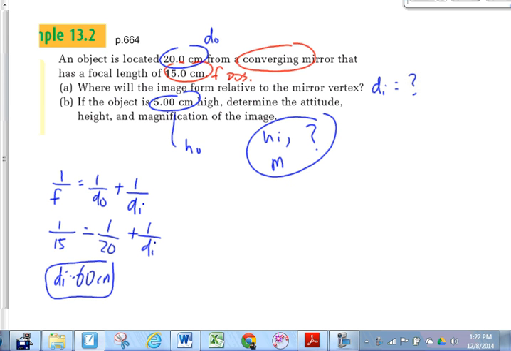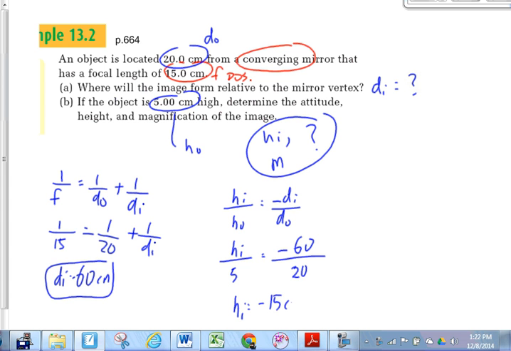Let's say HI over HO equals negative DI over DO. Solve for this one. What's that equal? Negative 15. And then finally, magnification.